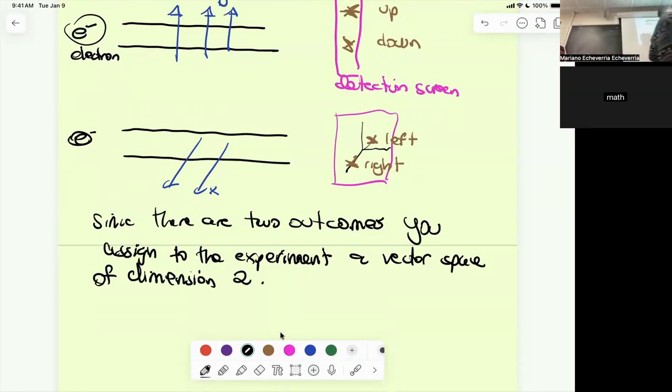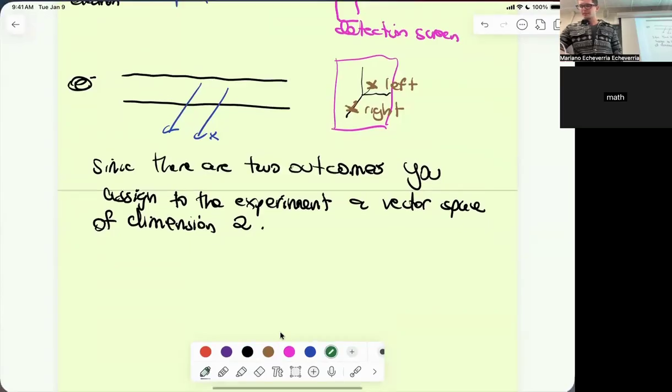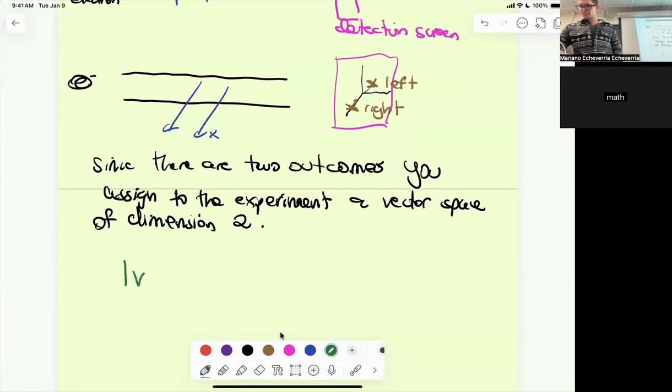And then the electron itself is represented by a vector in this vector space. So there's a vector, and I'll use this Dirac notation. Let's call it this.